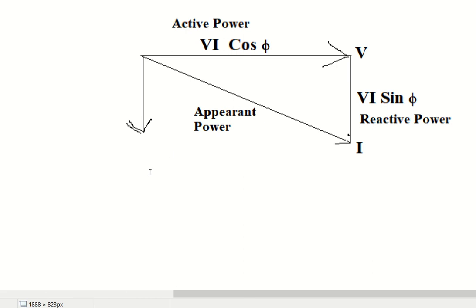Now there are so many more things we need to discuss about it. If you take only this triangle into consideration, and there is a phi over here, this will be my phi.